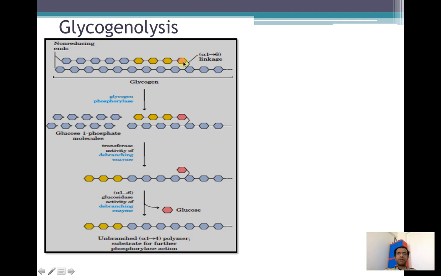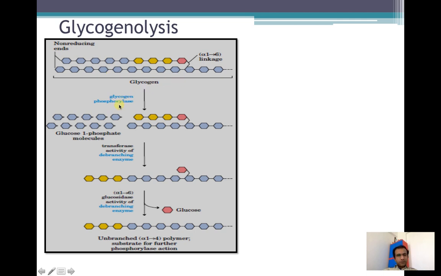The linkage between this pink and yellow glucose molecule is alpha 1,4. And similarly at all other places, these blue glucose molecules are held together by alpha 1,4 linkage. So that is the general structure of glycogen.